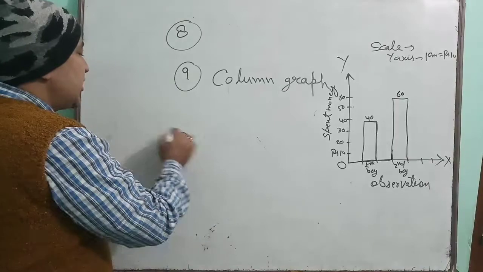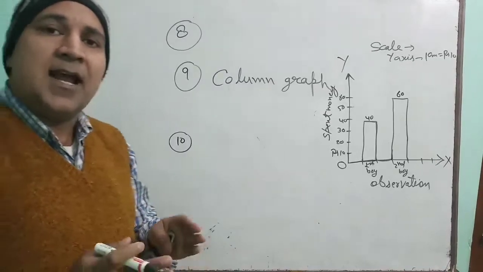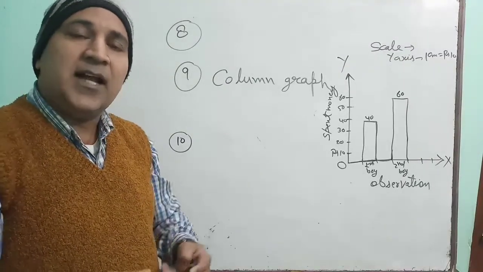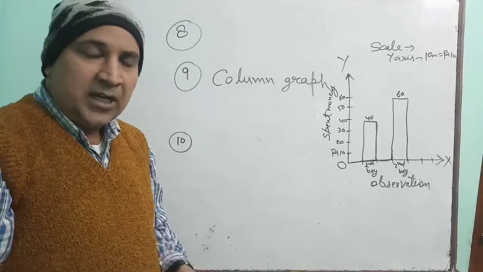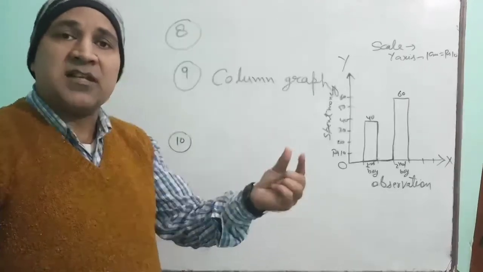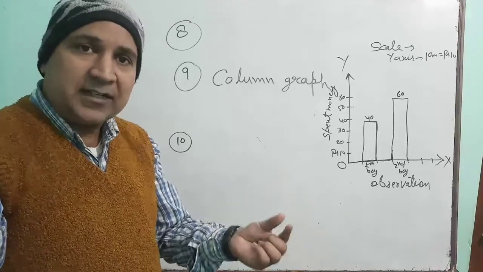Now in question number 10, this is an activity. In that activity you have to show that the area of a parallelogram is equal to the area of a rectangle.